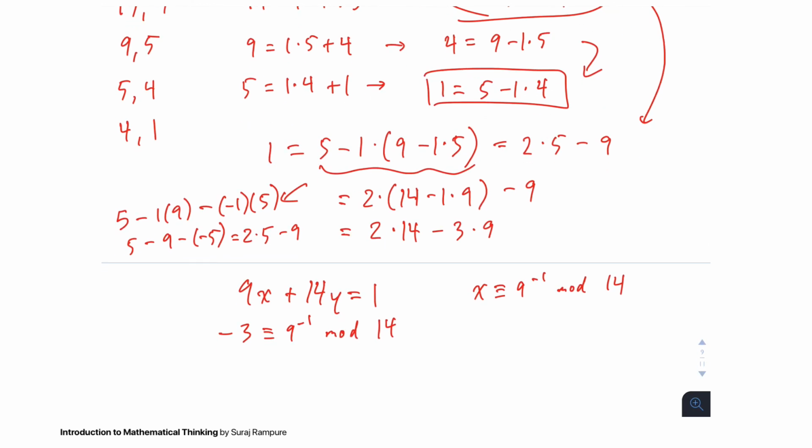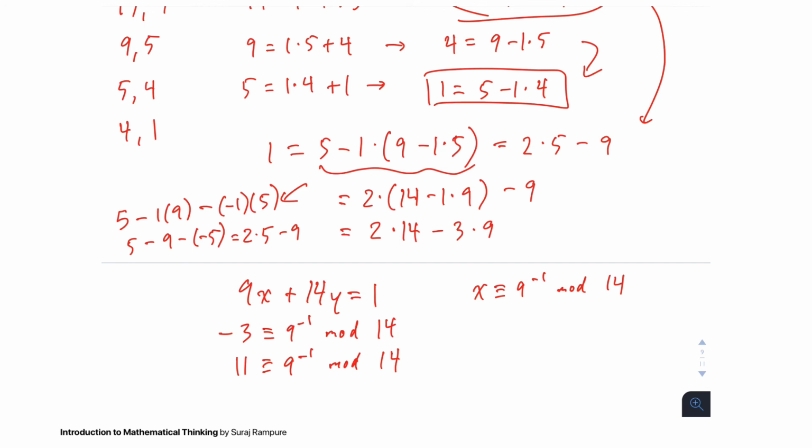How can we rewrite -3 as being in the set 0 to 13? Just add 14 to it. Yeah, I can add 14 to it. So that gives me that 11 is the inverse of 9 in modulo 14. And so the answer we would probably look for is 11.